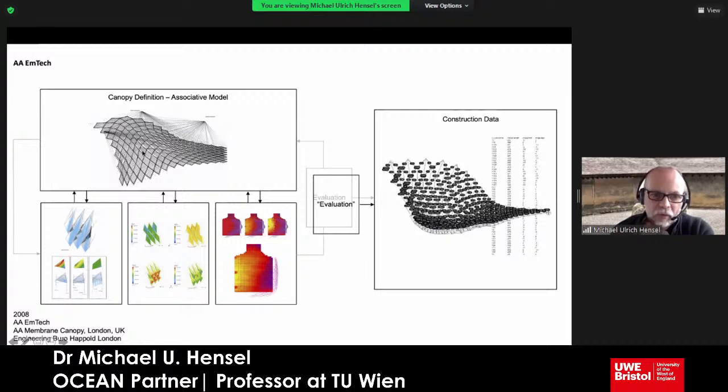For instance, does the rainwater run off nicely over these different membranes? Does the air flow nicely through these membranes? Do we get good sun shading from this canopy? And if all these steps are satisfactory, we can have an output after the evaluation of something that can be constructed.